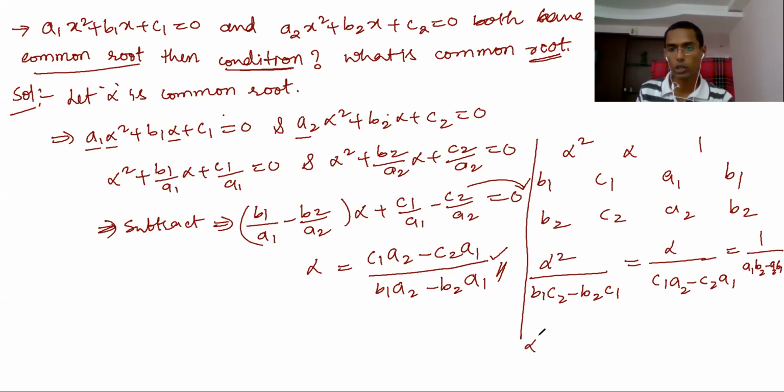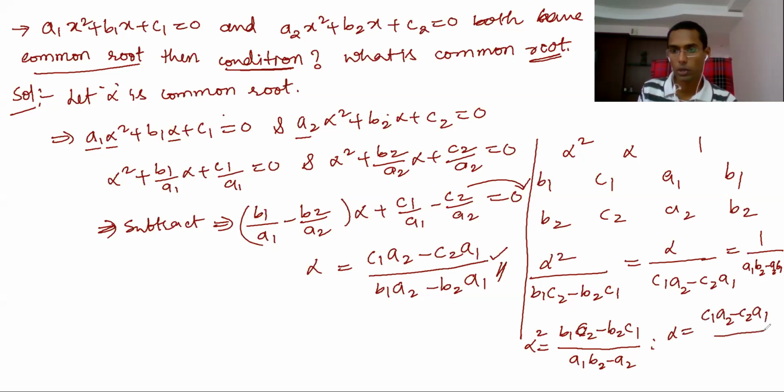Alpha square equals b1 c2 minus b2 c1 by a1 b2 minus a2 b1. Alpha equals c1 a2 minus c2 a1 by a1 b2 minus a2 b1.